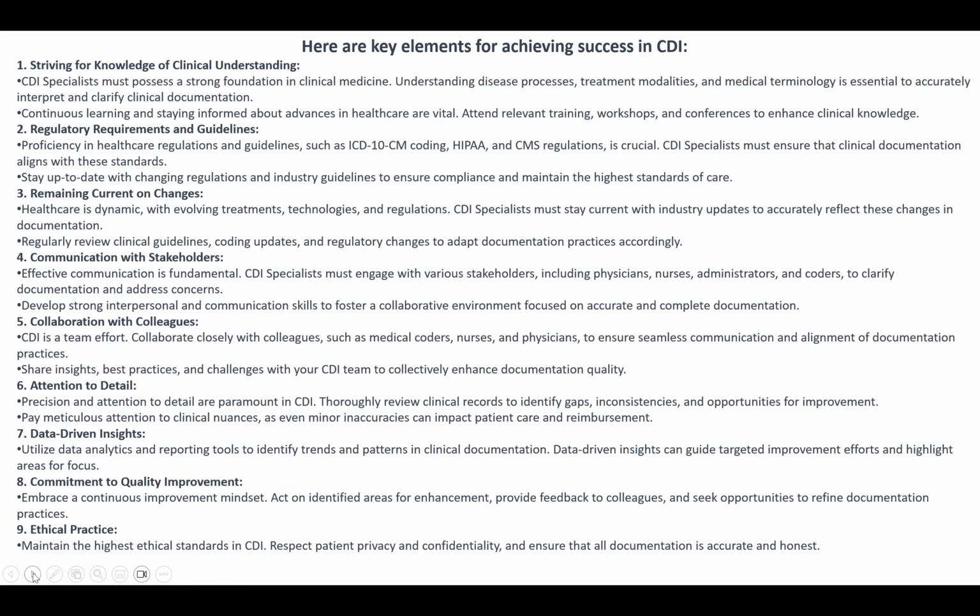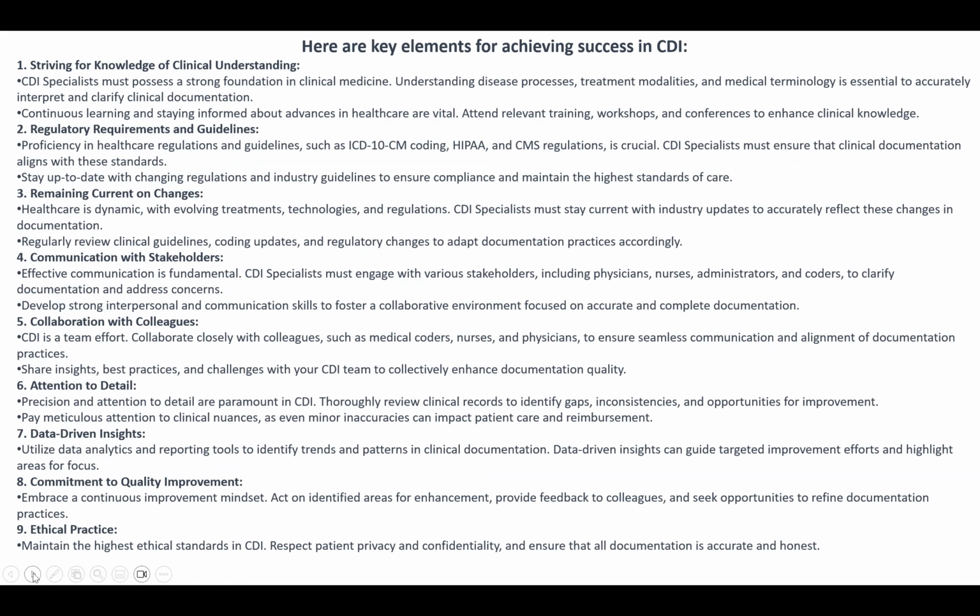But they must be able to identify gaps, inconsistencies, contradictions, ambiguities, what have you. So meticulous attention to clinical nuances, because even minor inaccuracies can impact patient care and reimbursement.